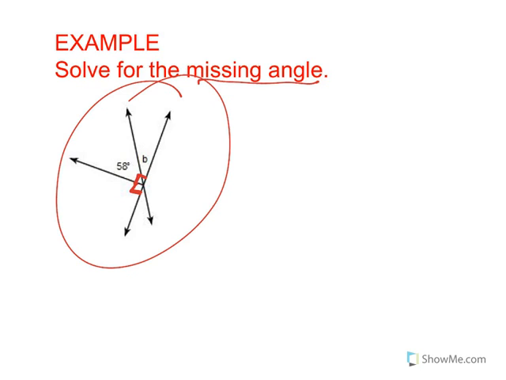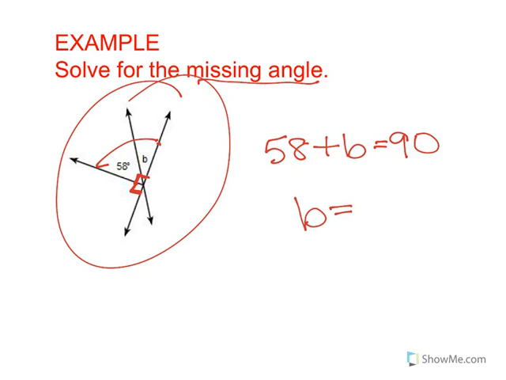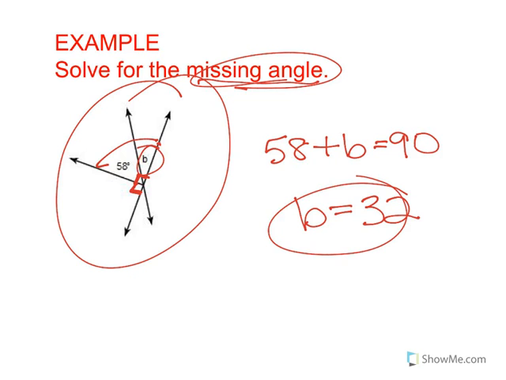So that means we have a right angle here, which means that these two angles put together are a right angle, okay? Which means that 58 plus B equals 90. These two angles are complementary. And so we can do the math and get that B equals 32. I think I did that math right. 90 minus 58. Yes, 32. And you're done, because that's all you want to know. Missing angle, B, 32.